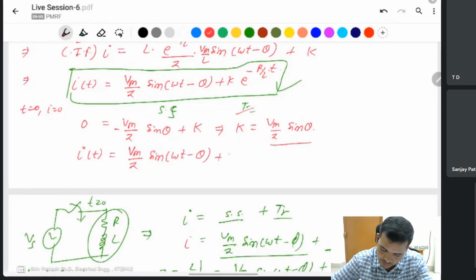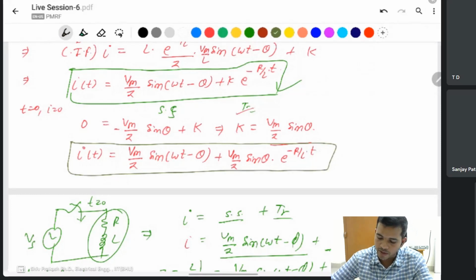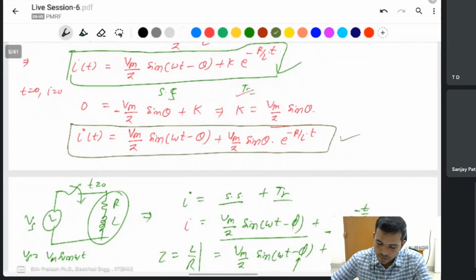Then also the final equation of current in the RL circuit. You can find here the theta.